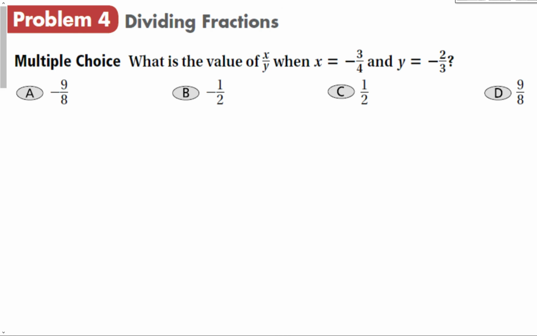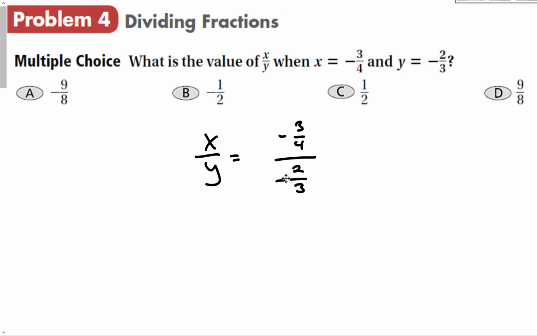So what is the value of x over y when x is negative 3/4 and y is negative 2/3? We take x over y, which with substitution gives us negative 3 over 4 over negative 2 over 3.